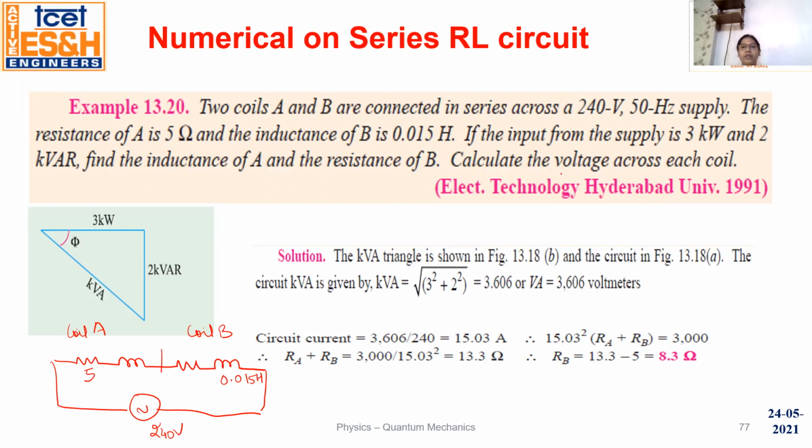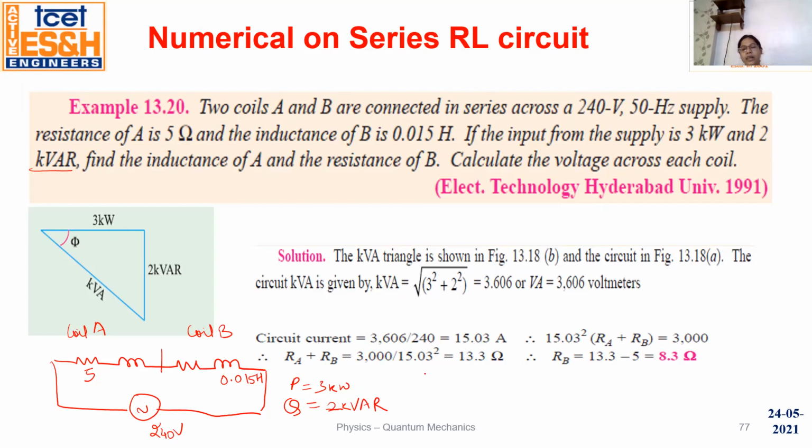The input from the supply is 3 kilowatt. It means power is given to you. So power is 3 kilowatt, and 2 kVAR. kVAR means reactive power. So the reactive power Q, power across the inductor, is also given, that is 2 kVAR. So these are the given quantities.